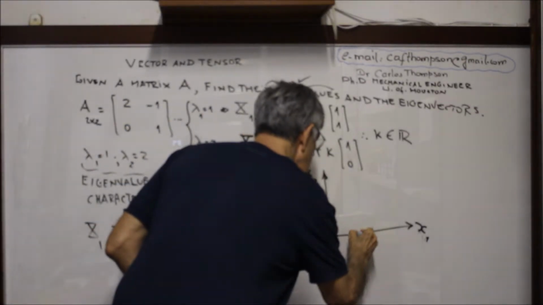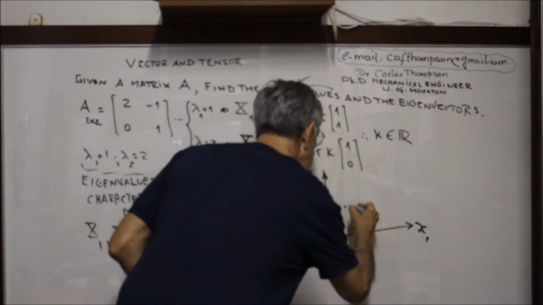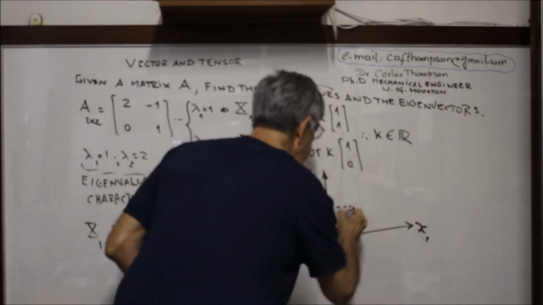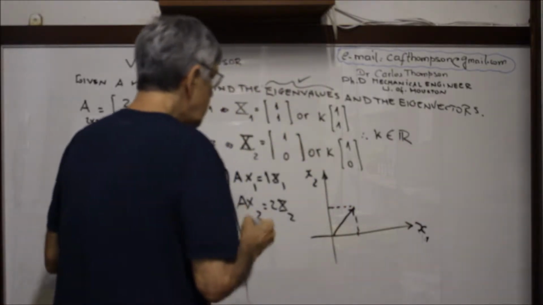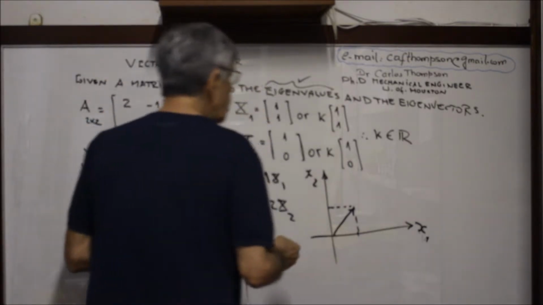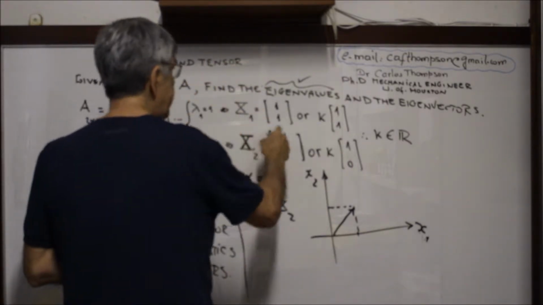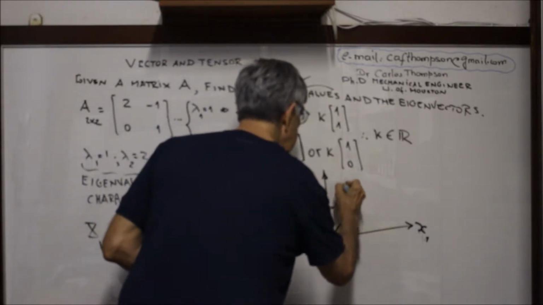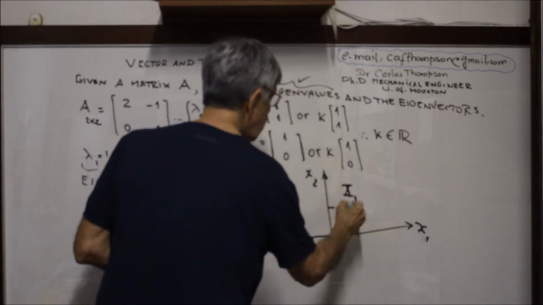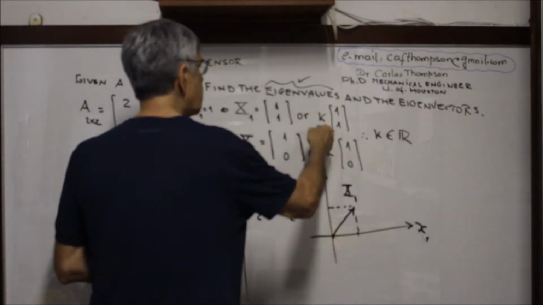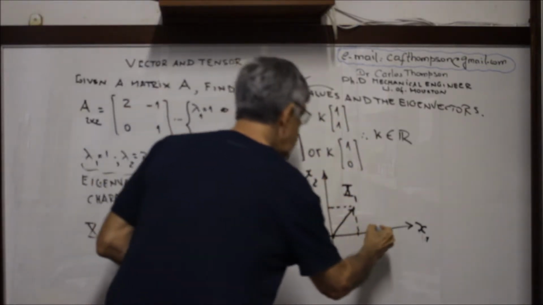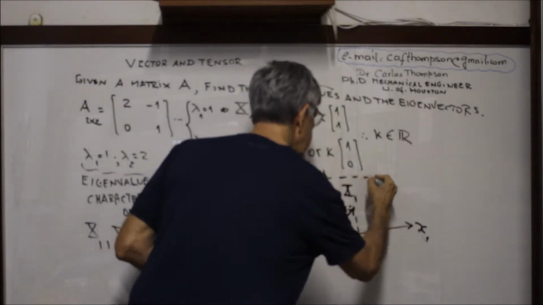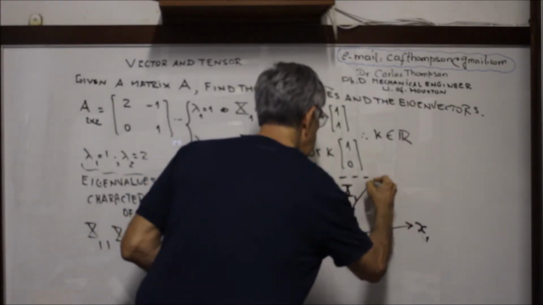So this is 1 and 1, and this is the eigenvector. For instance, A x1 with k equal to 2 will be here at (2, 2).